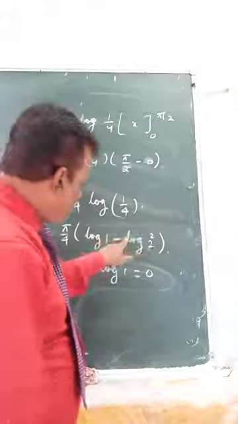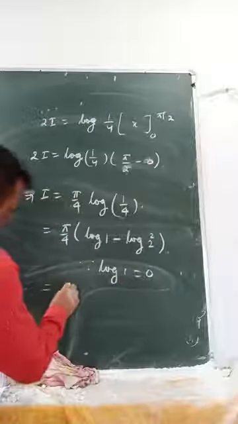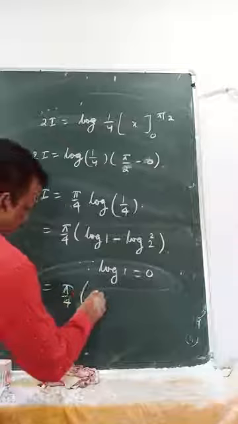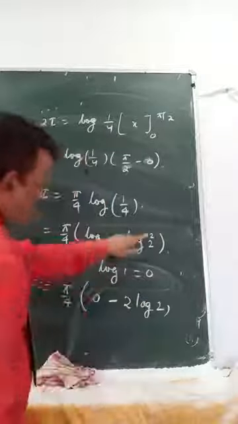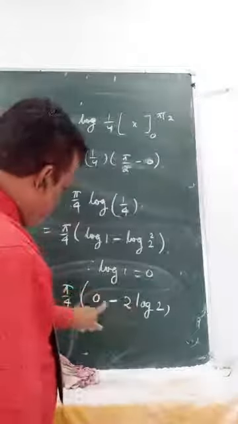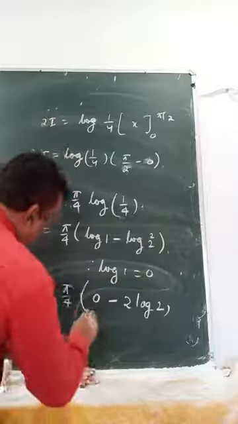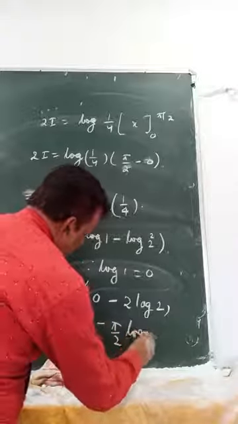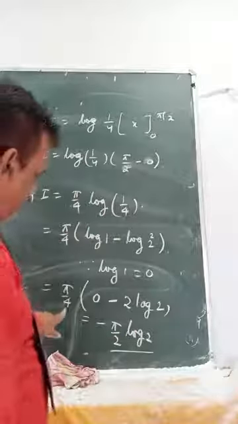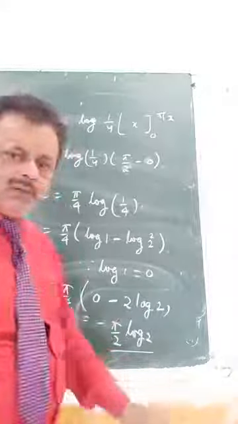Now this 2 will come here. That is pi by 4 (0 minus 2 log 2). This 2 I can bring here. Now pi by 4 into 2 is pi by 2 log 2, with the negative sign.